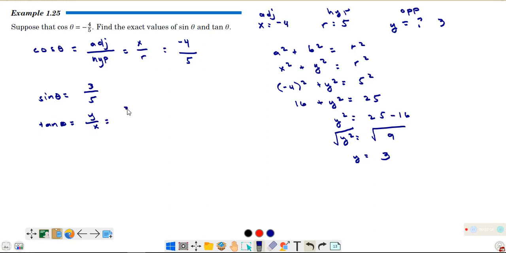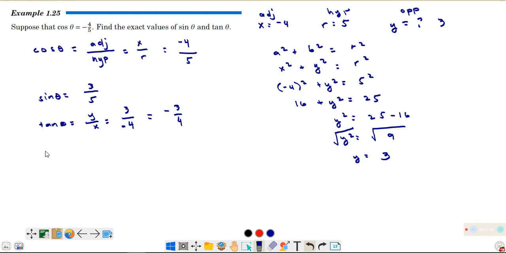Y is 3. Adjacent is 4. Ang dali na nung tatlo pa kasi kunin lang natin yung reciprocal nila. Do not forget the sign nga pala. So, it should be negative 3 over 4. Muntik ako na siyang makalimutan.